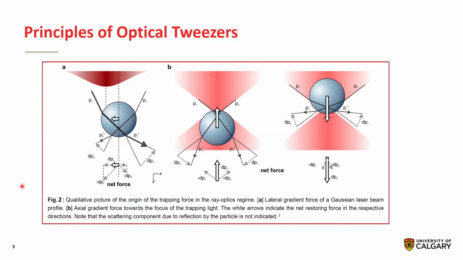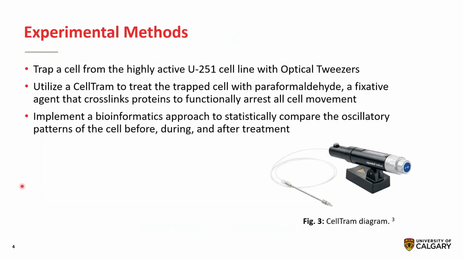So, to summarize the methods for this experiment, we trapped highly active U251 cells with optical tweezers and then treated them with paraformaldehyde, which is a fixative agent that cross-links and covalently bonds the proteins in the cells together to arrest all movement and freeze them in place.